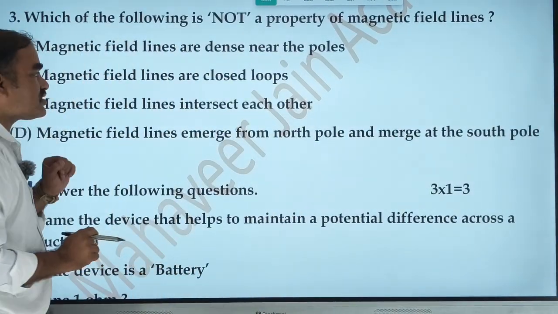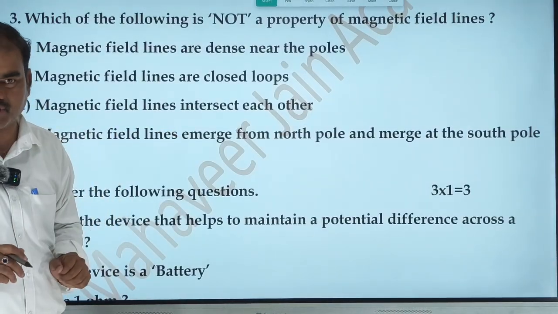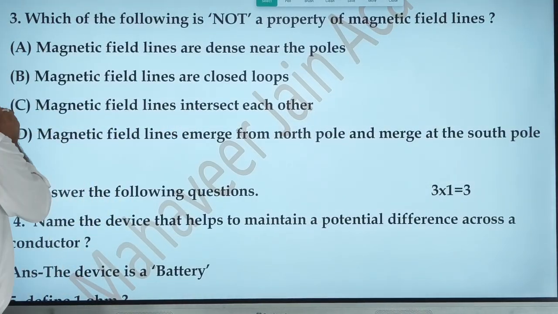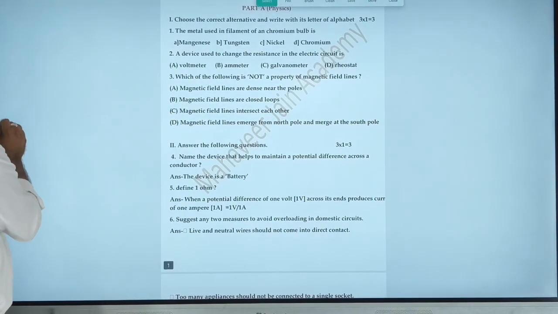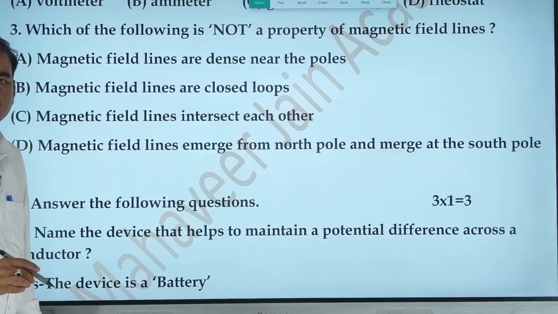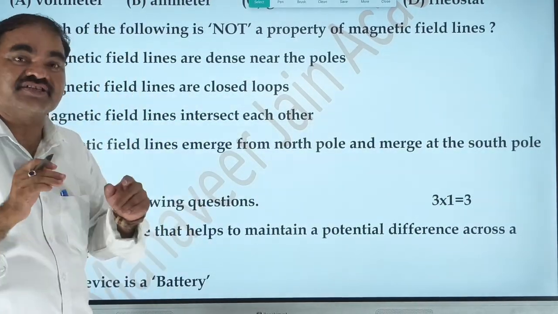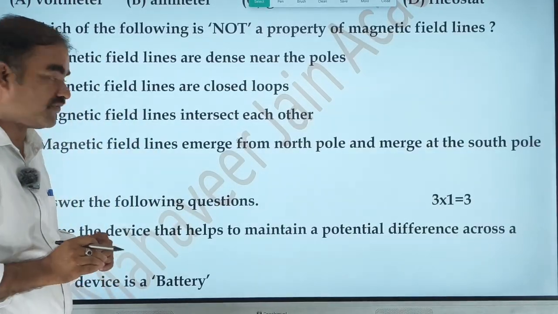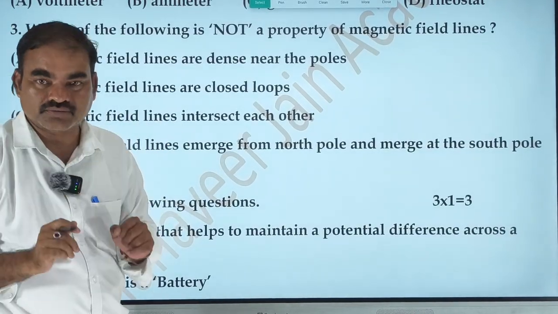And which one is wrong? Magnetic field lines intersect each other. This one is wrong. So which is not a property of magnetic field lines? Magnetic field lines intersecting is wrong.